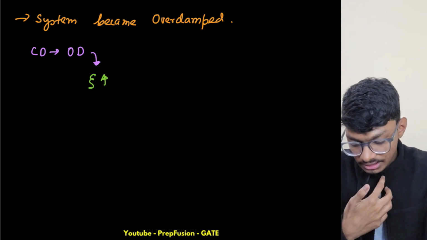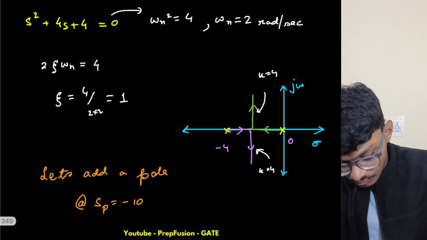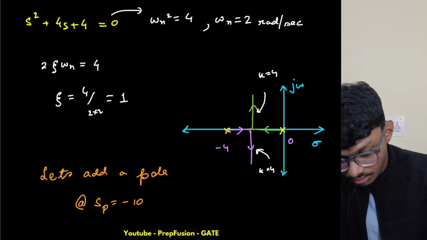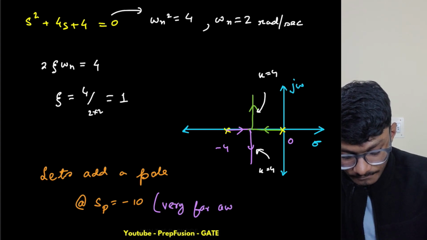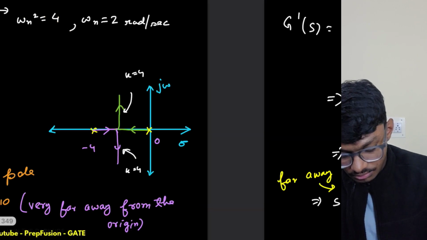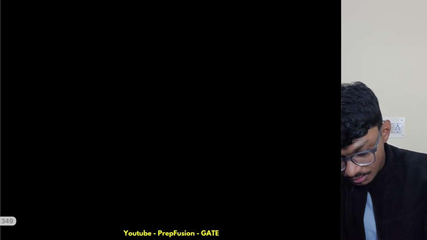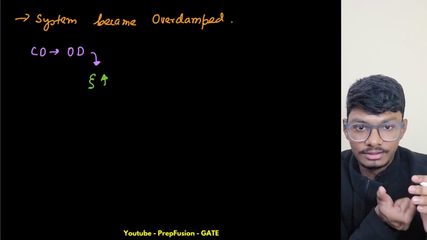Now let's say we added a pole very far away from the origin, at s equals to minus 10. Now let's say we want to add a pole a bit nearer to the origin.